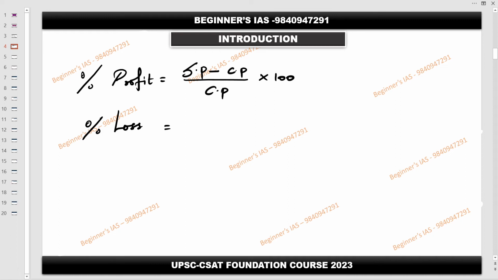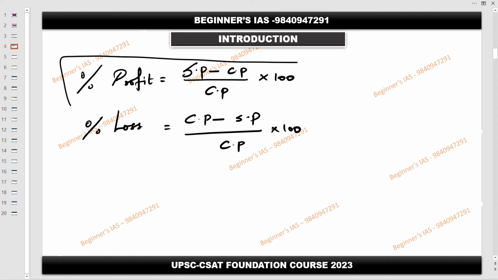Or else you can calculate it this way: CP minus SP by CP into 100, which is nothing but the loss, the negative. Just make note of this, it is more than enough. When the cost price is greater than the selling price, loss occurs. When the selling price is greater than the cost price, profit occurs.